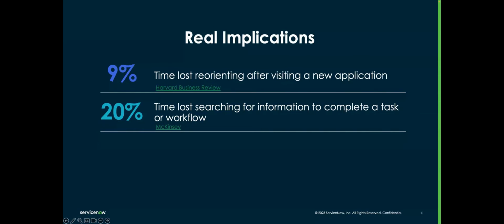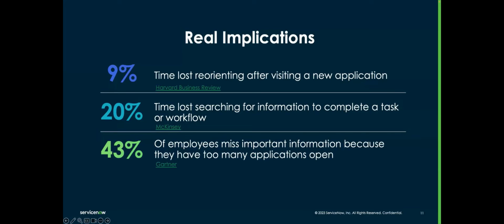I think about having multiple browser tabs open in multiple windows. If I have to go somewhere to conduct an activity, sometimes it takes me a while to find it. And then once I'm there, I might need to remember what I went there for in the first place. So I definitely understand that toggle tax. And then finally, Gartner reports that 43% of employees miss important information because they just have too many applications open.